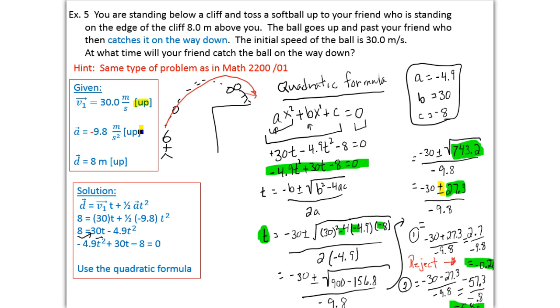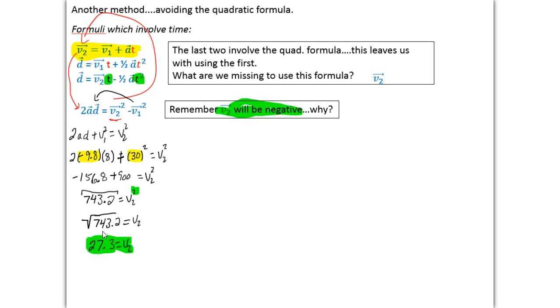Right here. Now, if you reread the question, you're catching the ball on the way down. Well, this ending velocity is when the ball is traveling down. So if you were writing this out, this would be 27.3 meters per second down.